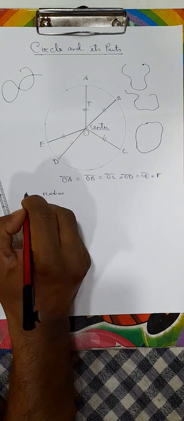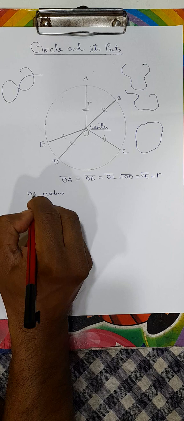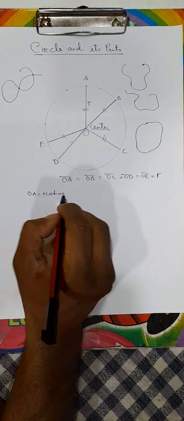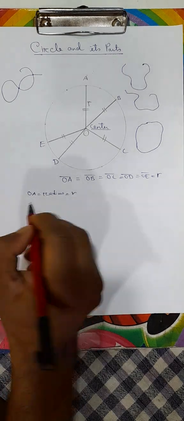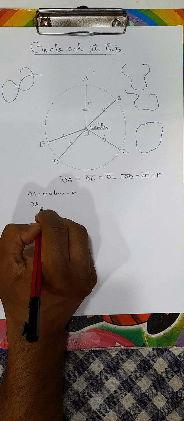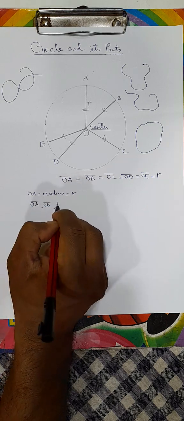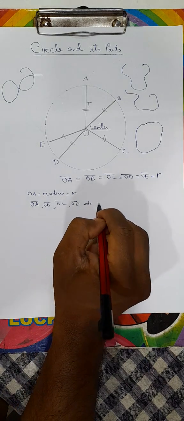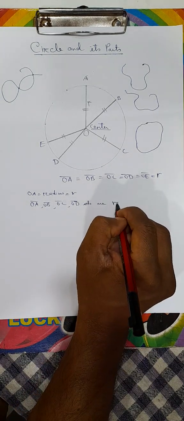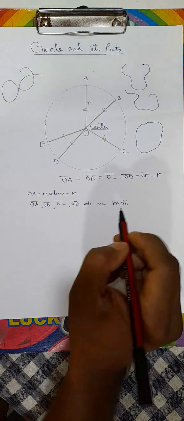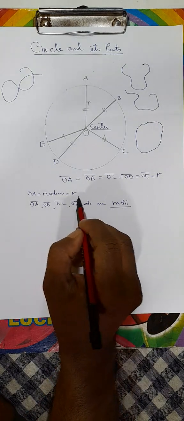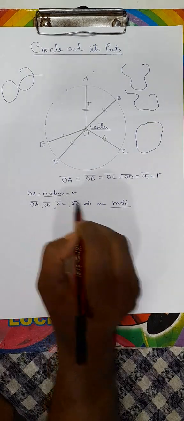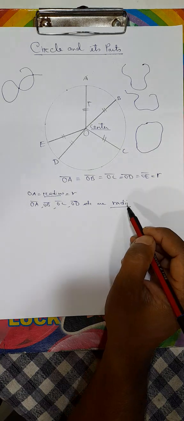So OA equals the radius, that means R. Now OA, OB, OC, OD, etc. are called radii. The plural of radius is called radii.